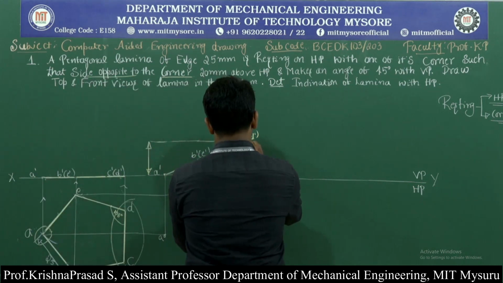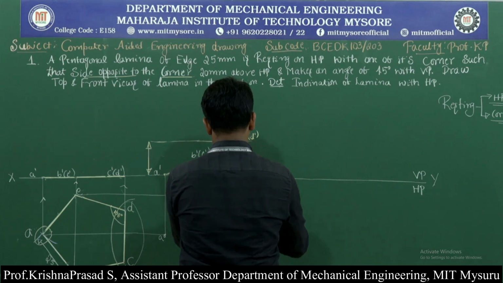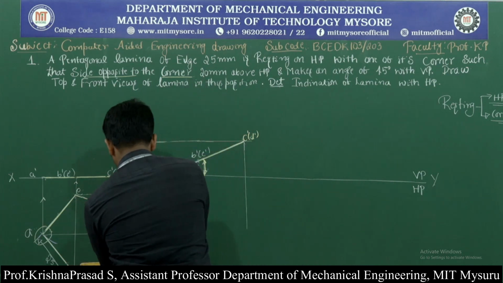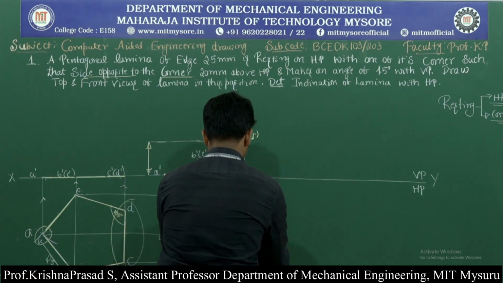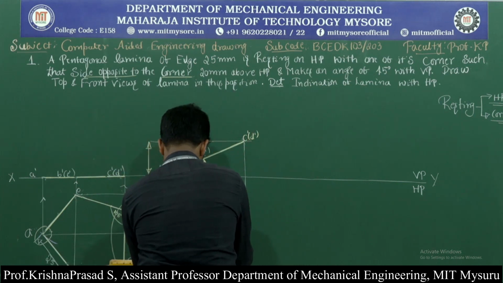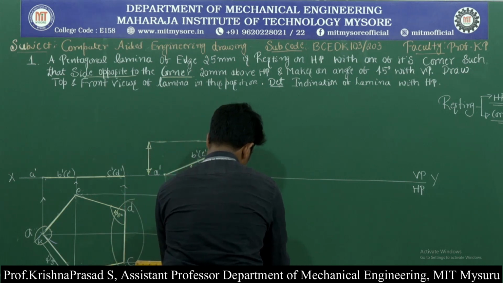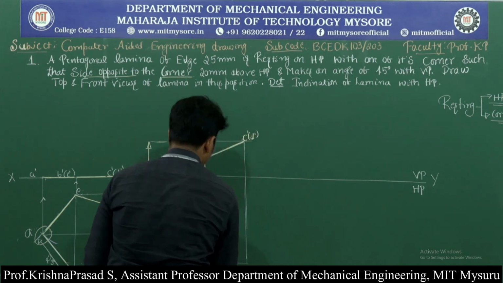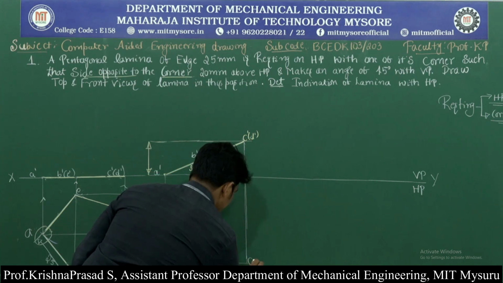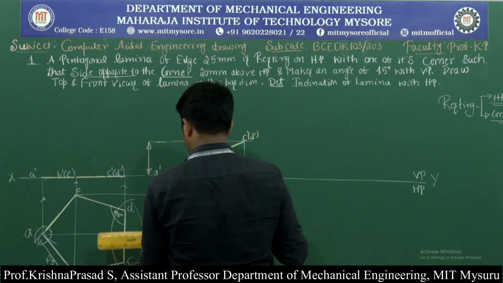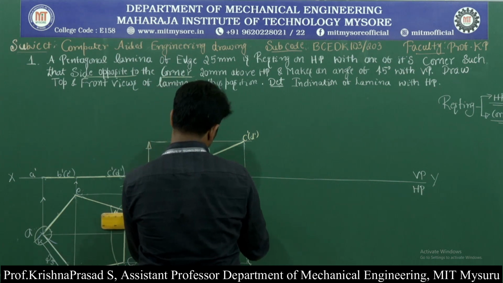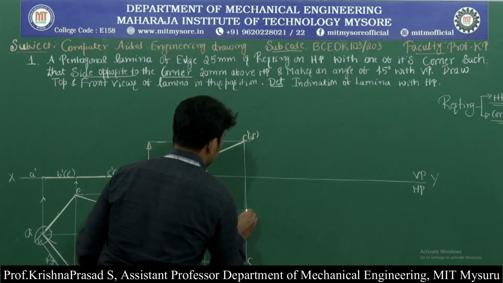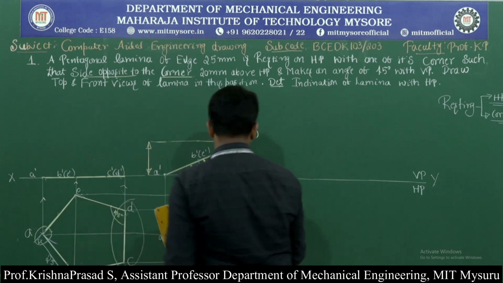Similarly, this is from C dash and this is from C, both meeting at a point C, and similarly this is D and this is meeting at a point D from D dash.